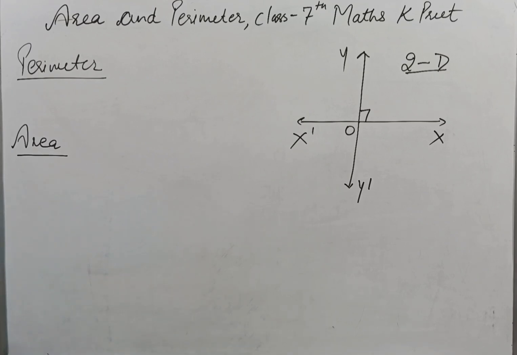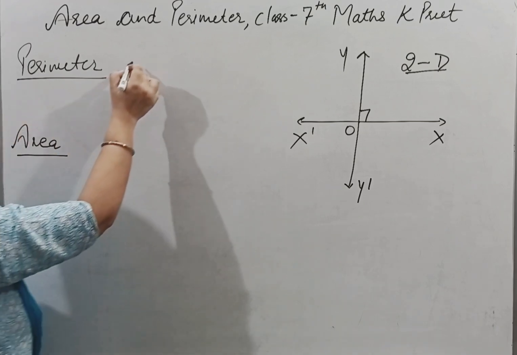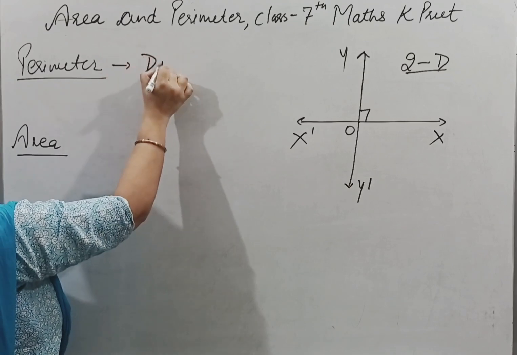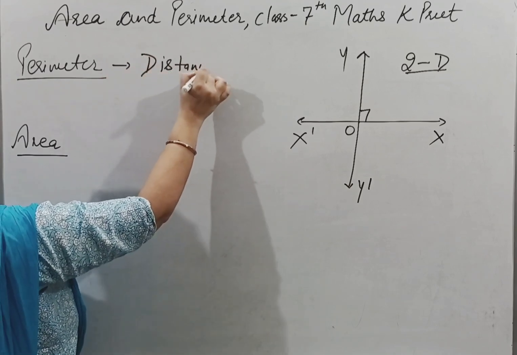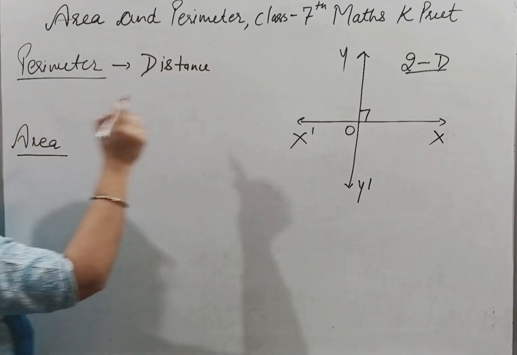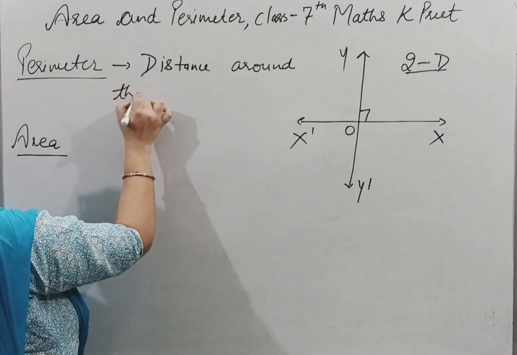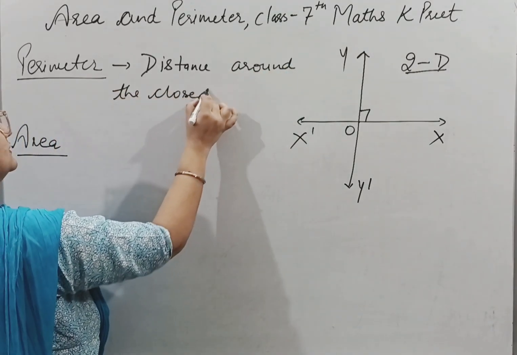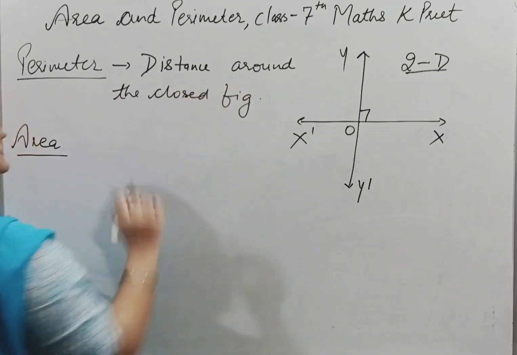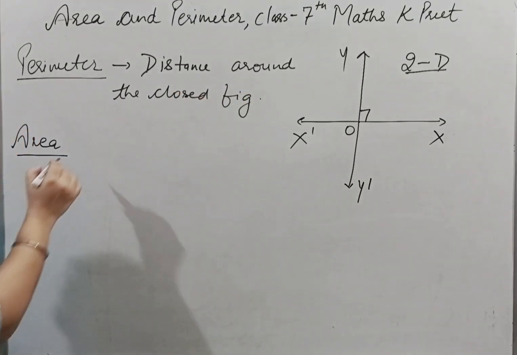A perimeter of a figure is basically the distance around the figure which is closed. So if we have a certain figure that is a plane figure, perimeter is the distance around the closed figure. So it will give us the perimeter for that figure. Area is what?